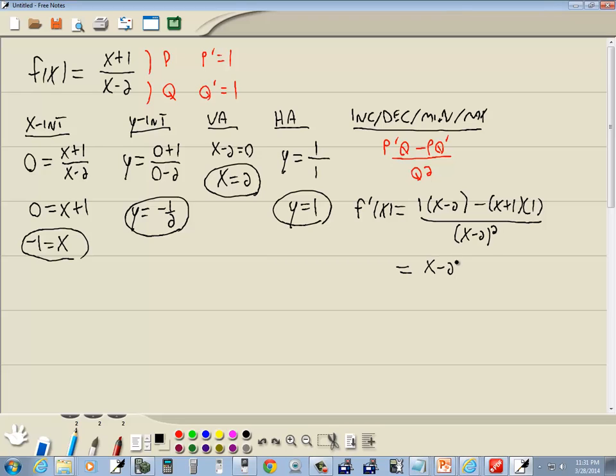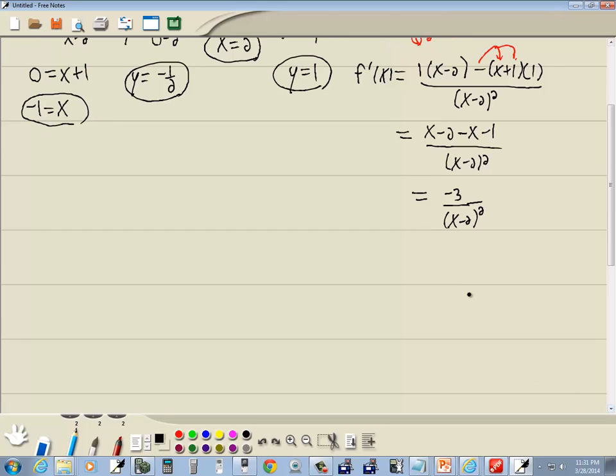So that gives us x minus 2, and remember, a negative out in front of your parentheses flips the sign of everything inside. So that's going to give us negative x minus 1 over (x minus 2) squared. Now x minus x drops away. Negative 2, negative 1 is negative 3 over (x minus 2) squared.